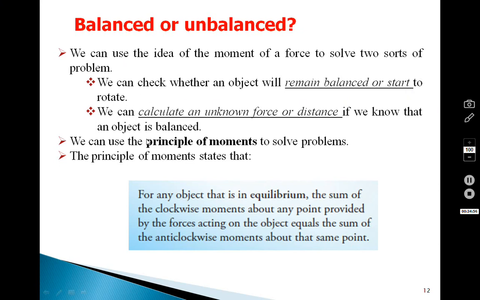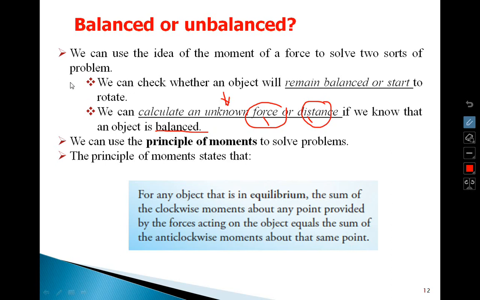Second, we can calculate an unknown force or distance if we know that an object is balanced. We can use the condition of balance to find any one of them, force or distance.